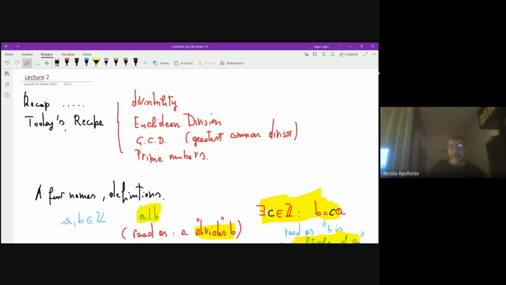a set of numbers: natural numbers, integer numbers, rational numbers. Actually, we stopped with the rational numbers. And just to recap a little bit, you can enlarge the set of natural numbers by taking an appropriate equivalence relation over the square of the natural numbers.